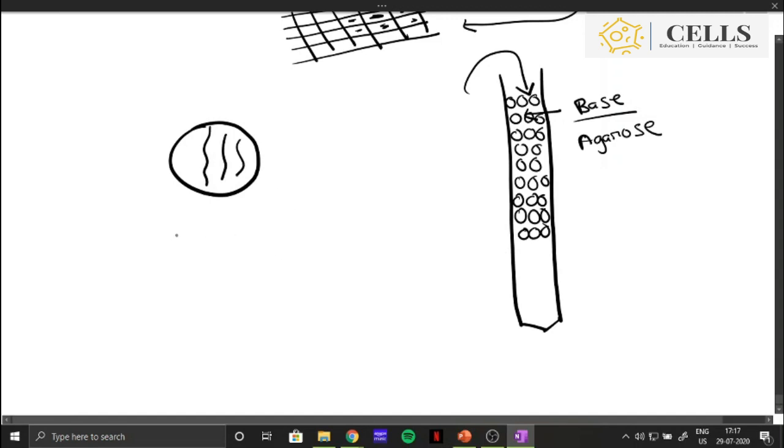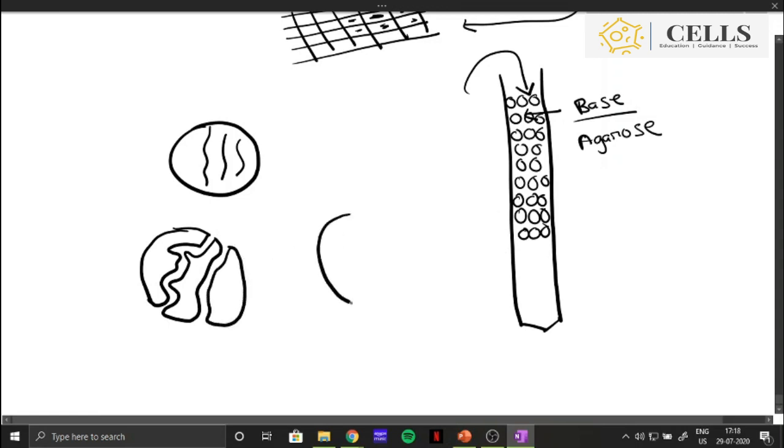More specifically, I should draw it like this. Suppose agarose beads have a lot of gaps in between them, and there are many beads present here.